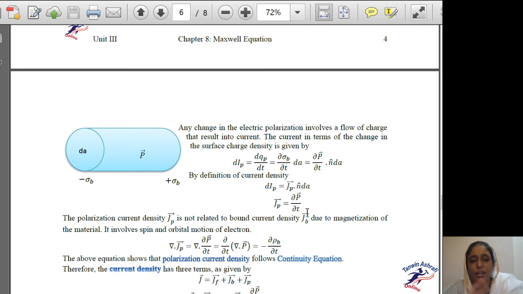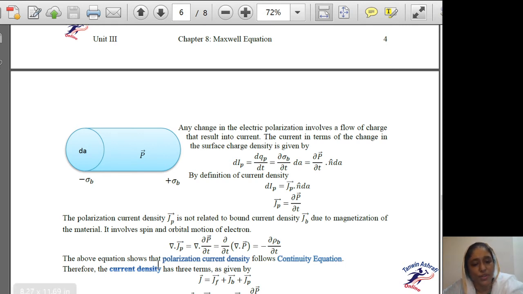Jp is something different and Jb is something different. Jp is the current density due to the polarization, whereas Jb is the current density due to the bound currents, and this bound current is due to the magnetization of the material, involving spinning and orbiting. So del dot Jp is equal to del dot delta by delta T of P, which is delta by delta T of del dot P, that is nothing but minus delta rho b by delta T.